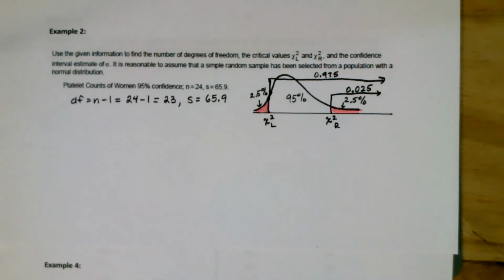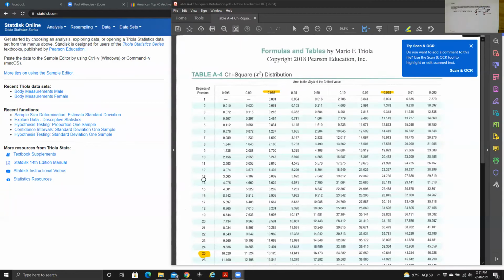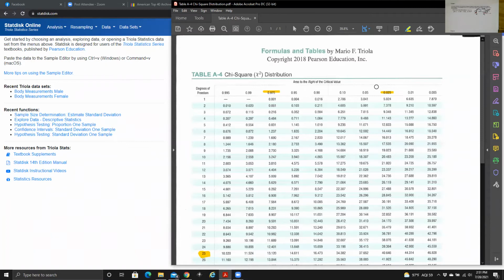All right, so let's start by using table A-4. Now I'm still using 0.975, that's shaded, and the 0.025, that's also shaded. This time it's only 23 degrees of freedom.